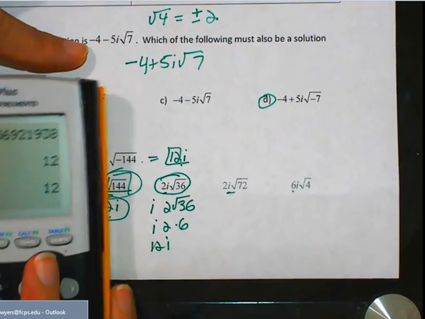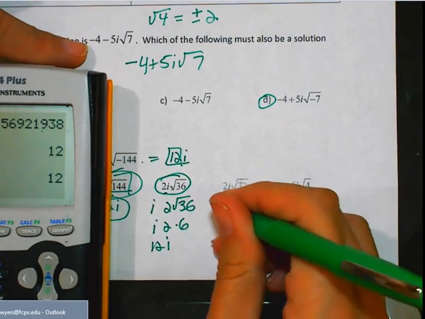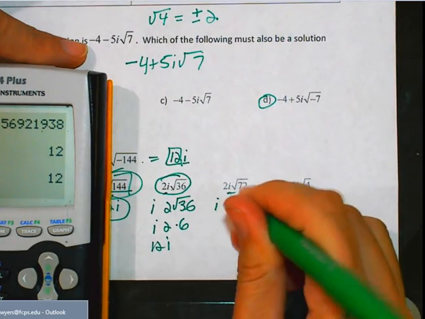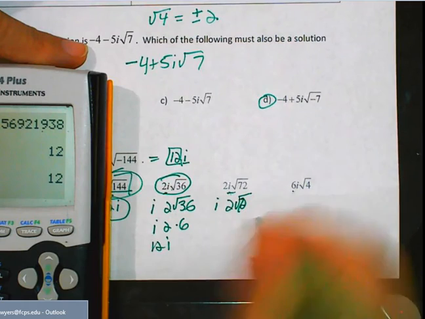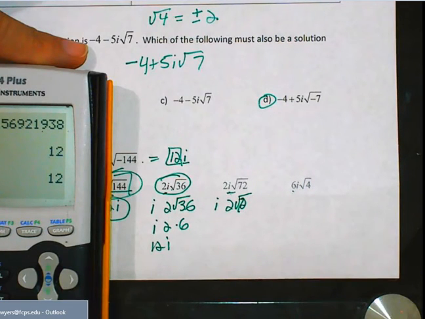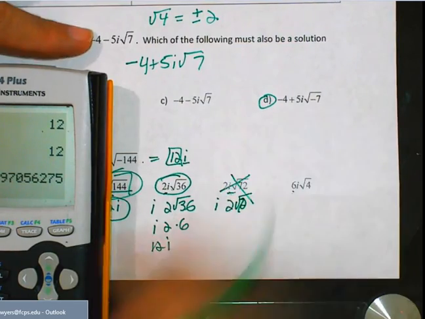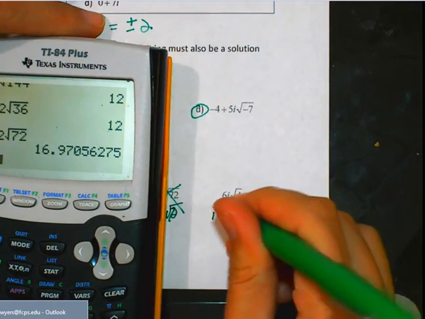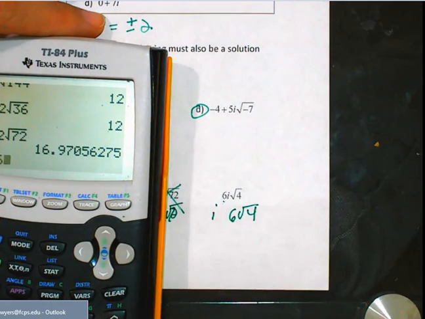Okay, let's keep going. So the square root of 72, so essentially the I, we're going to just leave alone on the outside because, again, it's the same. So 2 times the square root of 72. It's giving me 16.9, so that one doesn't work. And then the last one, again, we have our I out here, 6 square root 4.